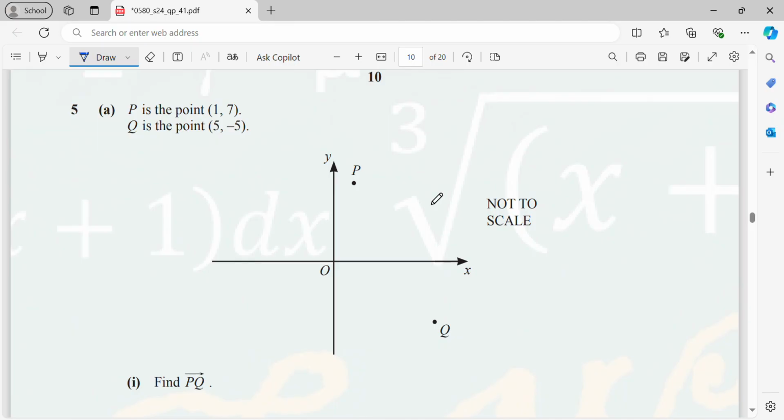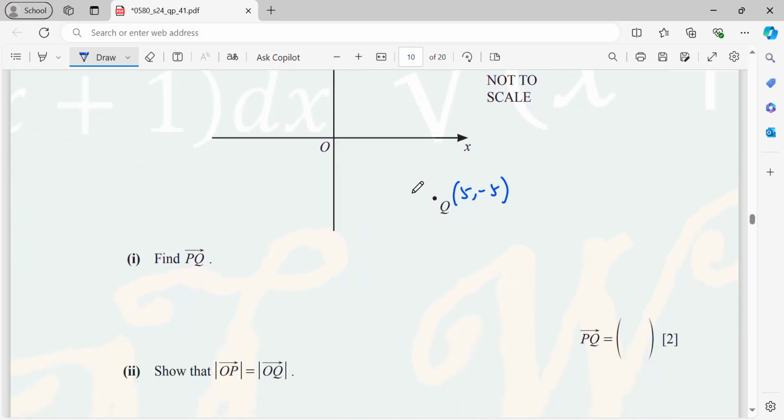Number 5, A, P is a point with coordinates 1, 7. And then Q with coordinates 5 and minus 5. Now find vector PQ. So vector PQ is basically OQ minus OP. So now you were given the coordinates.